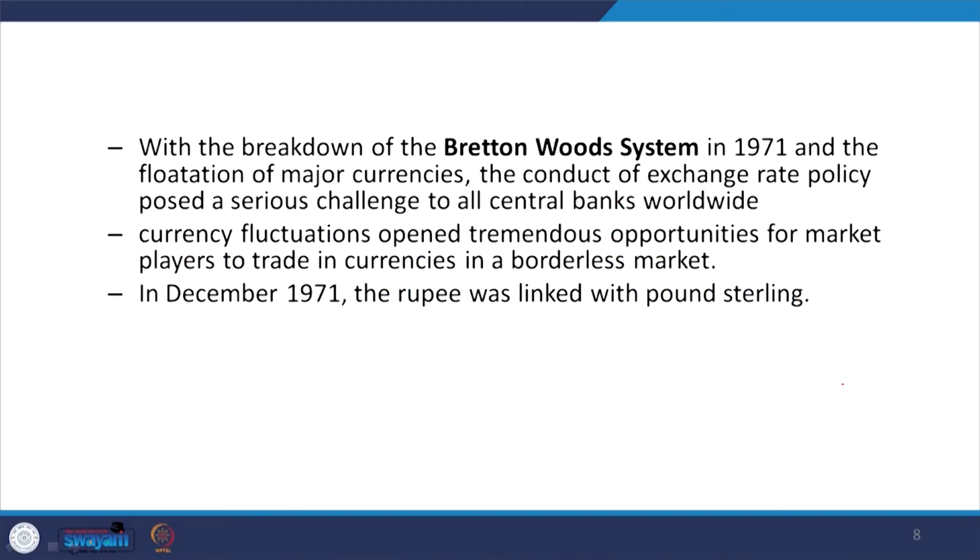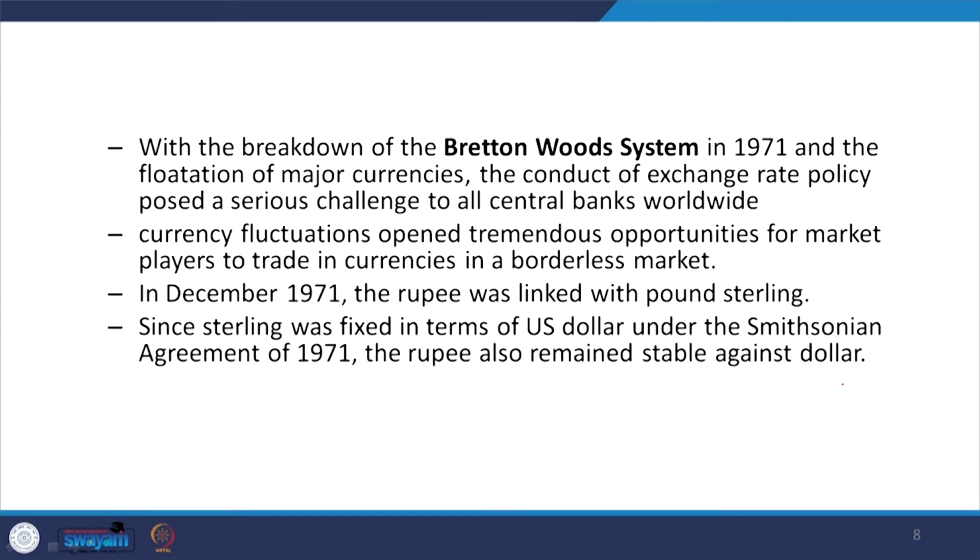The rupee was linked with pound sterling due to the Bretton Woods system and its breakdown. The decision was taken to link the rupee to pound sterling in December 1971. Since sterling was fixed in terms of the US dollar under the Smithsonian Agreement of 1971, the rupee also remained stable against the dollar.